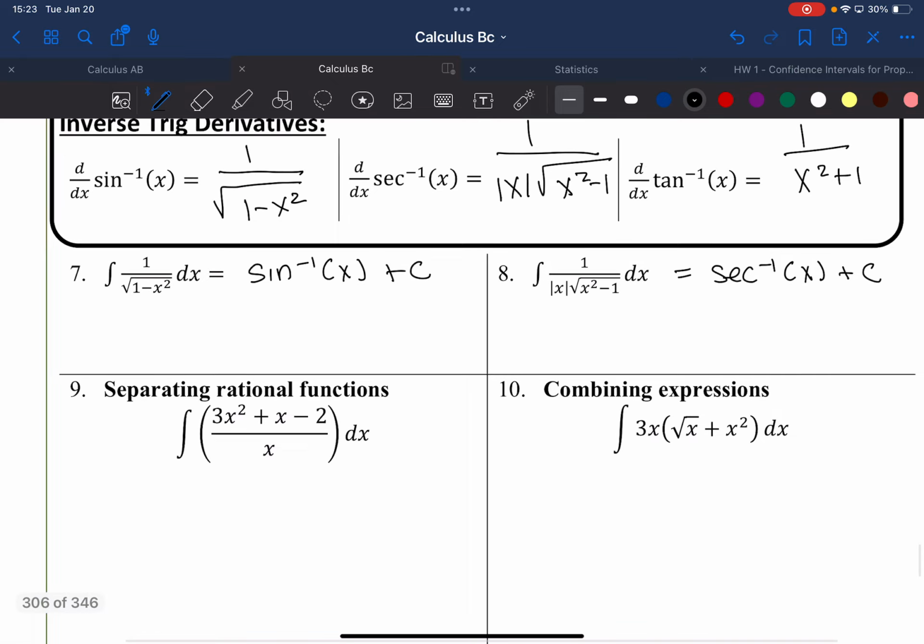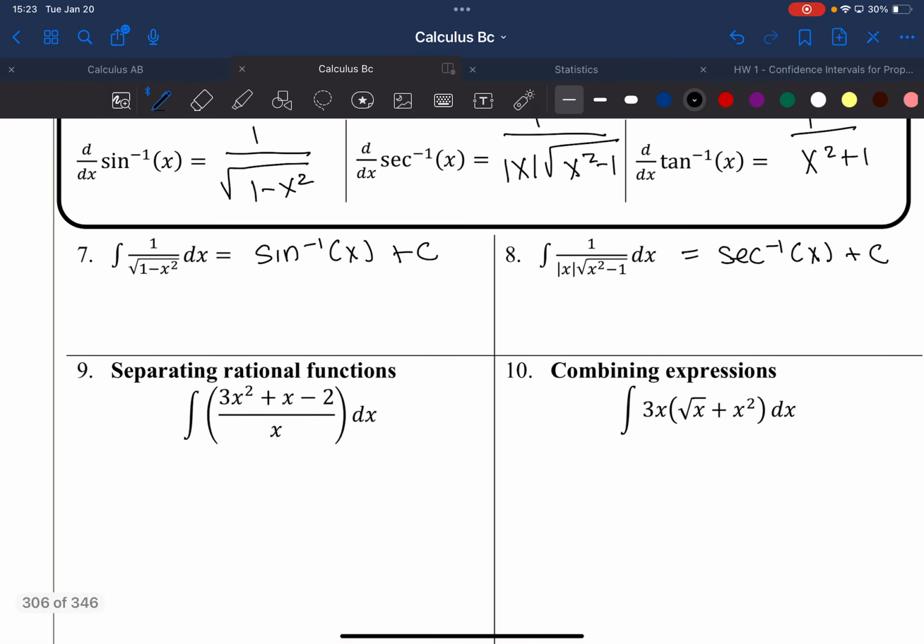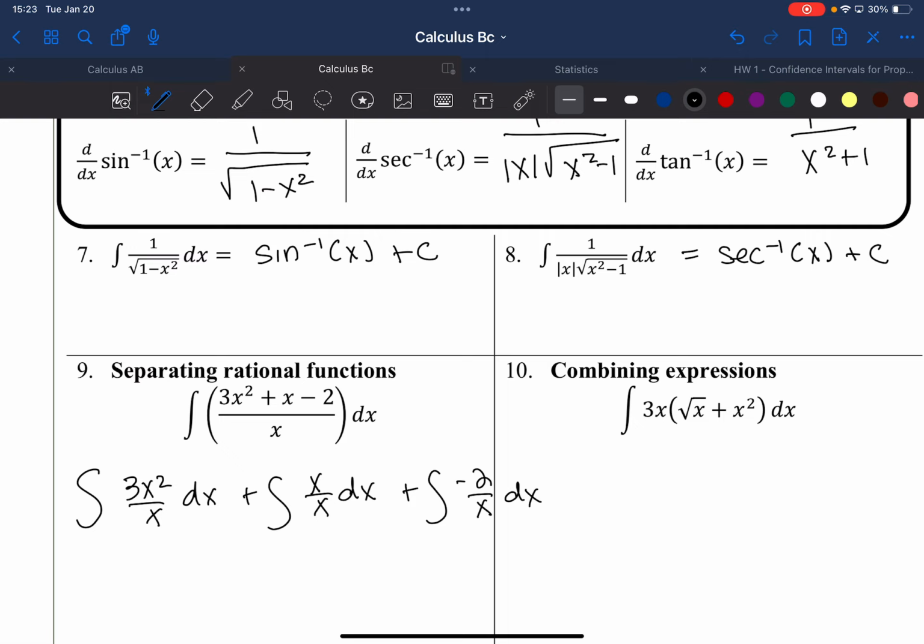The last thing, which we already mentioned before, is that we can separate or combine expressions in our integrals. For example, number 9 is the integral of 3x squared plus x minus 2 over x dx. That's the same as separating each of these into its own integral: 3x squared over x dx plus x over x dx plus -2 over x dx.